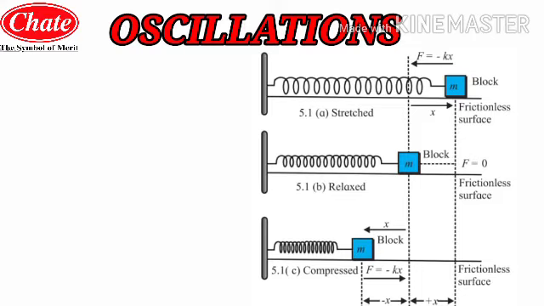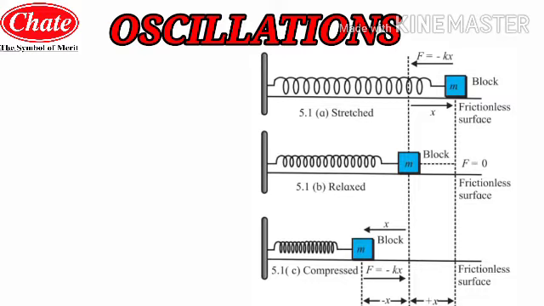When the block is at the rightmost position, it has a displacement of x towards the right from the equilibrium position, having moved right over that frictionless surface. When you leave the block, the spring will try to regain its original shape from how we stretched it at first.